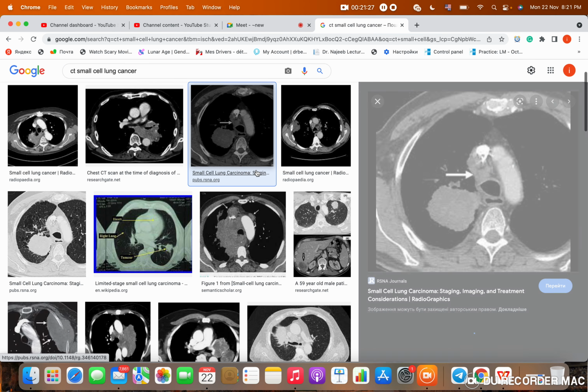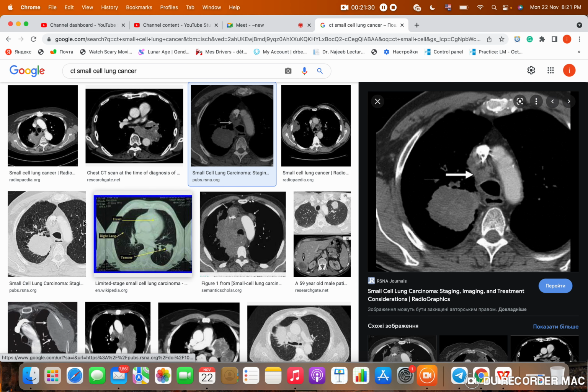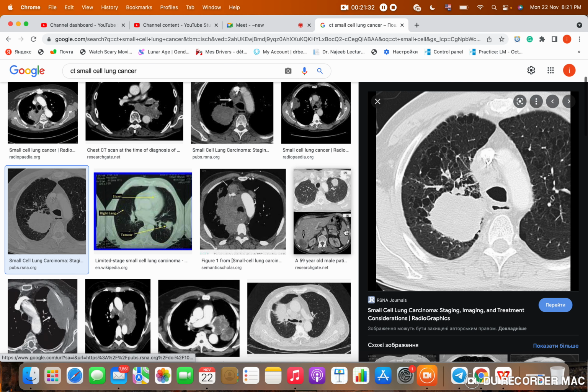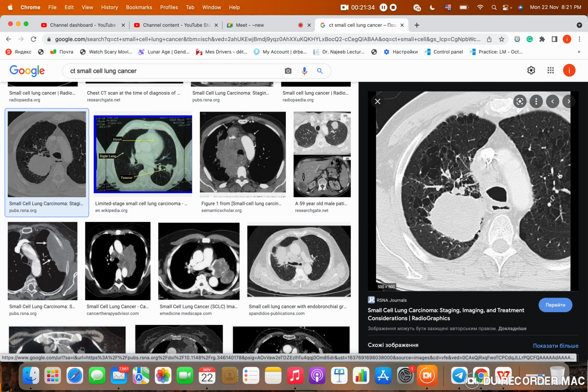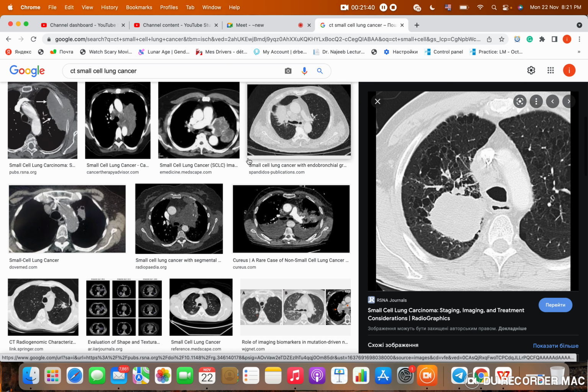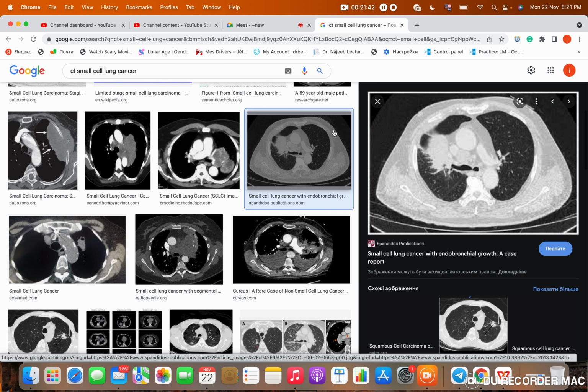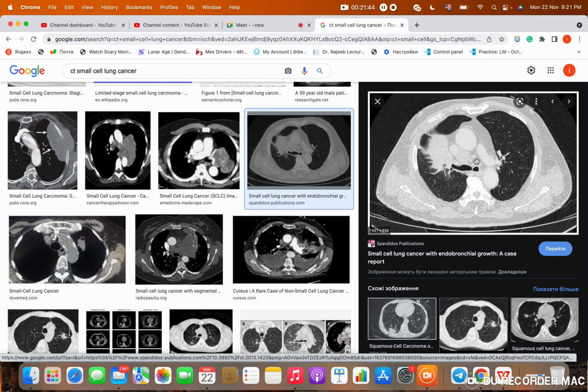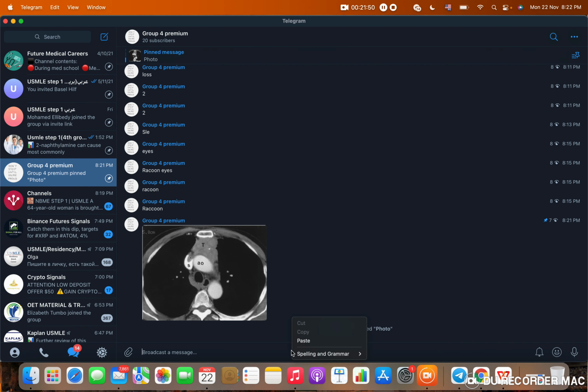In the future, I'm going to tell you something about small cell lung cancer. Small cell lung cancer likes to affect the center of the lung, not the periphery. Notice, it has an S, center. So it likes to affect the center of the lung, but it does not affect the anterior mediastinum. So this is a way to differentiate between myasthenia gravis and Lambert-Eaton syndrome.